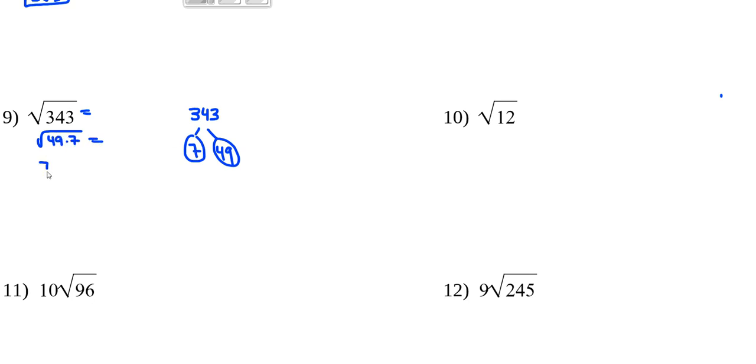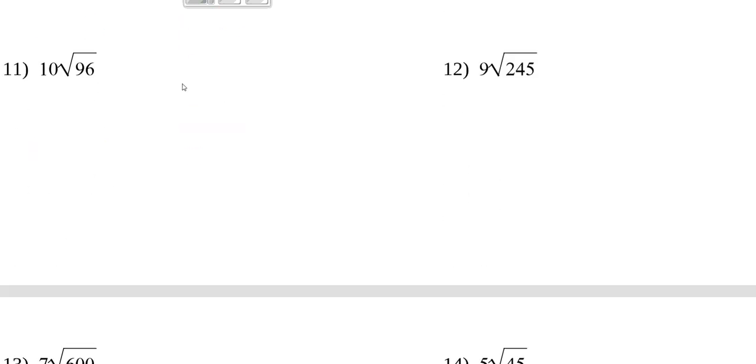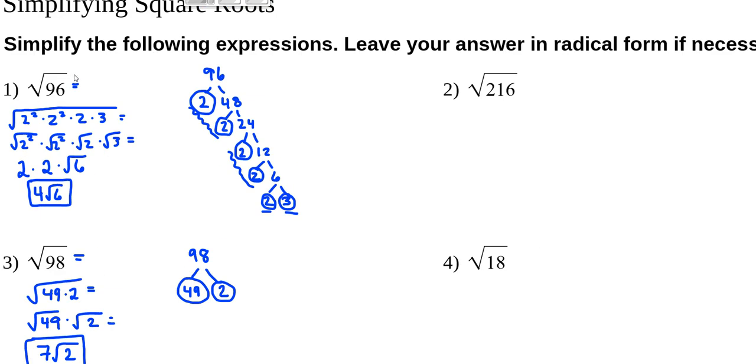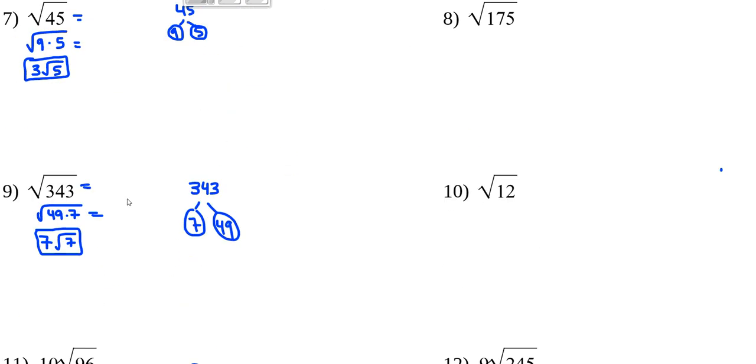Number 11, we've got a 10 out in front, so we just carry that down. And then 96, if we break that down, we already actually did that one up here, didn't we? Yep, that was the first problem. The square root of 96 we've already done. It's 4 root 6. So I don't need to do this again. I'm just gonna put a note here. Note from number 1.